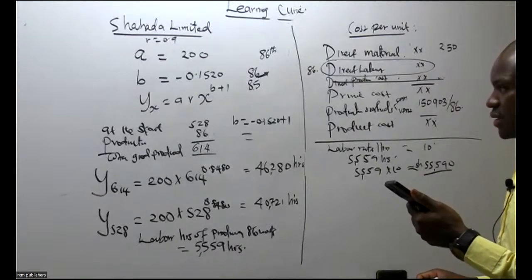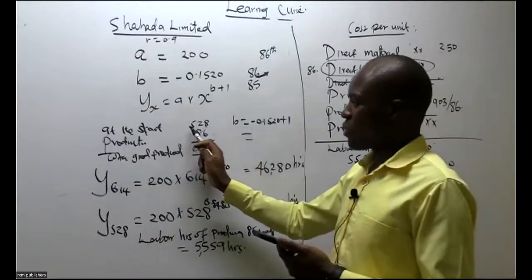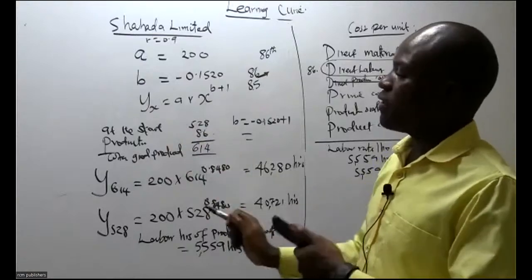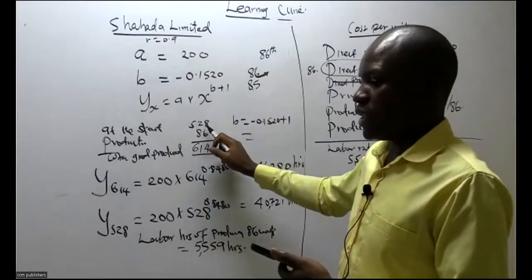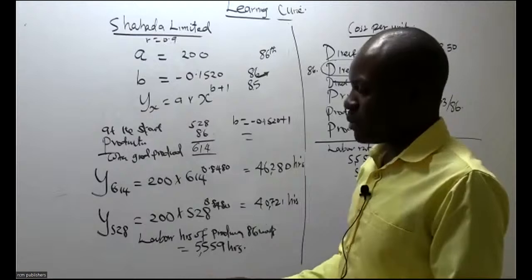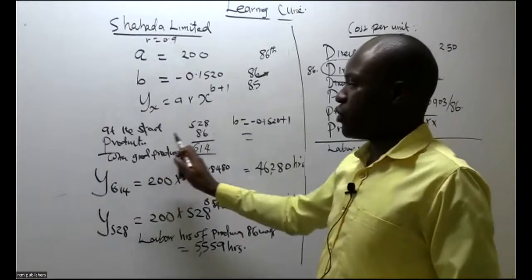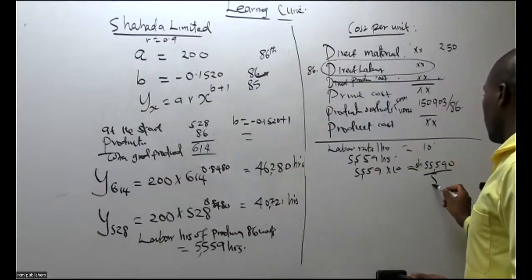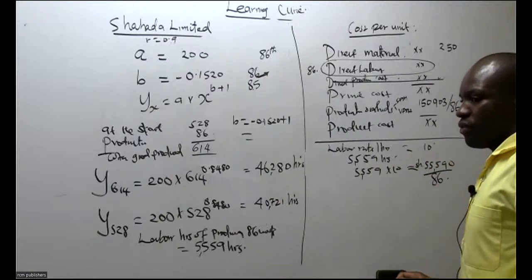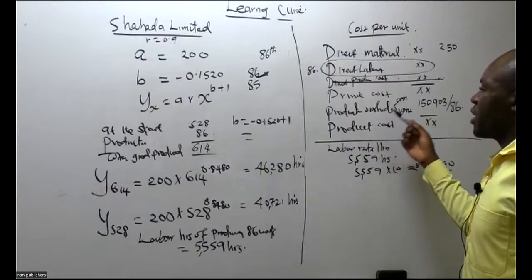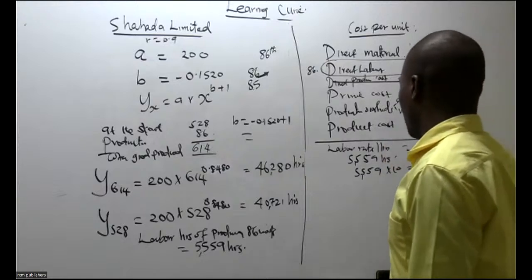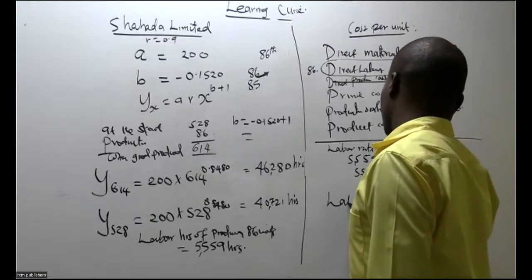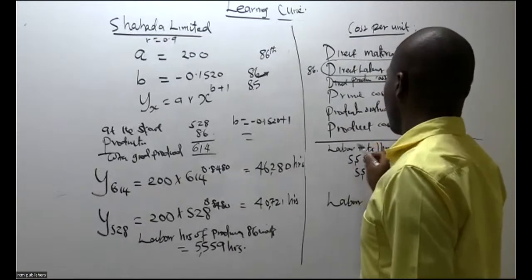No, that is the start. Remember all this data is for the previous period. At the start of that previous period, they had 528. During the period, they managed to produce 86. So it is 86 units that were produced in that period. What was the average labor cost per unit? This one was the labor rate per hour.